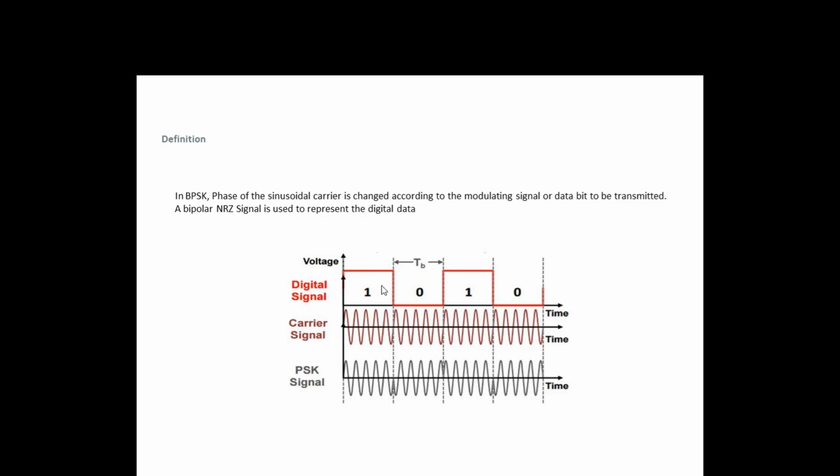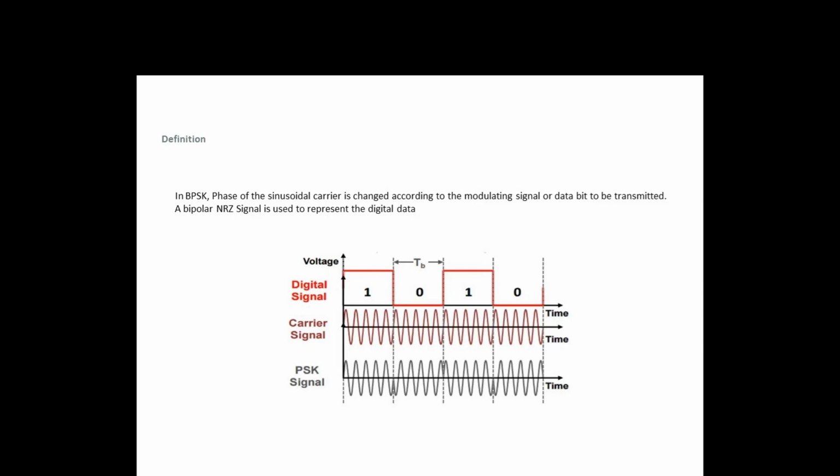The next thing is, if we receive the input bit as 0, the phase of the carrier is shifted by 180 degrees. So we have only two different phase shifts, 0-degree phase shift and 180-degree phase shift.